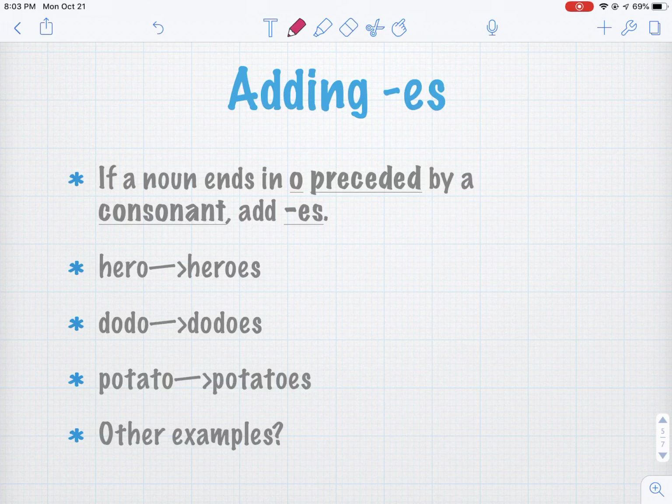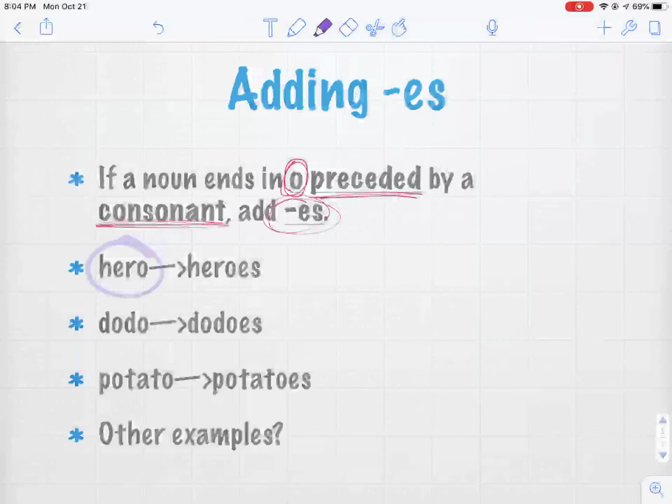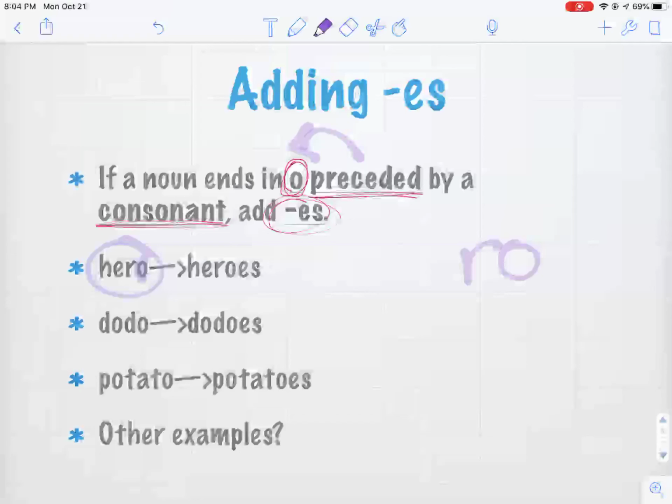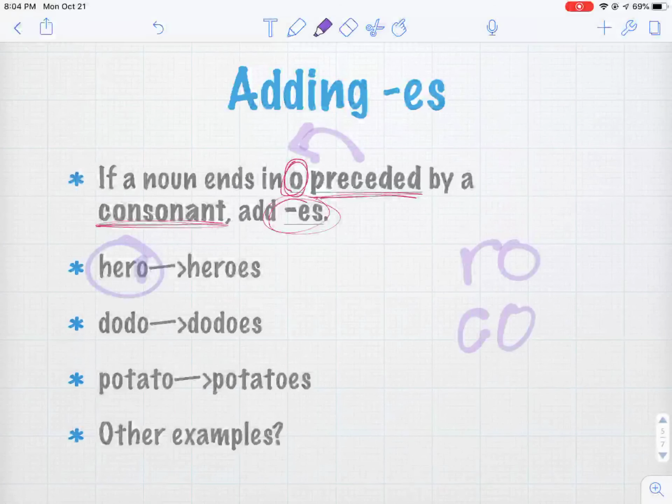Now, there's one more rule here: if a noun ends in an O preceded by a consonant, you need to add ES. So for the word hero, it ends in an O, and the consonant is before the O, not after it.